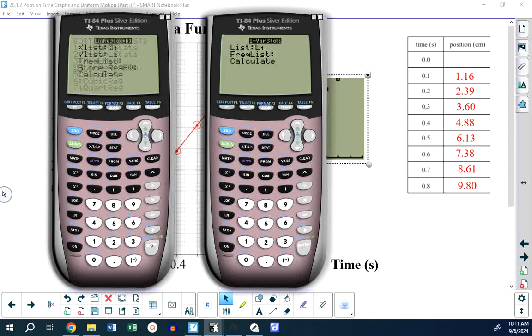If I choose linear regression on this calculator, this is what I see. How many of you see that? How many of you see just this? Okay, so we don't have to worry about it then.